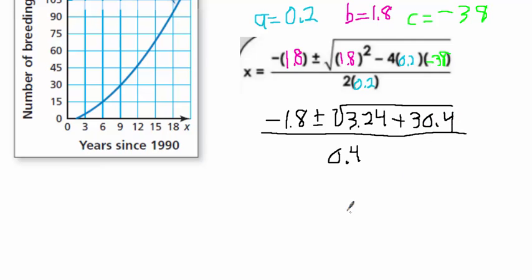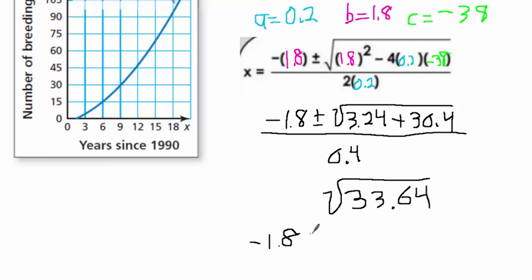So underneath the square root sign, we have 33.64. And that is a, grab the calculator, square root of that is 5.8. So I am negative 1.8 plus or minus 5.8.